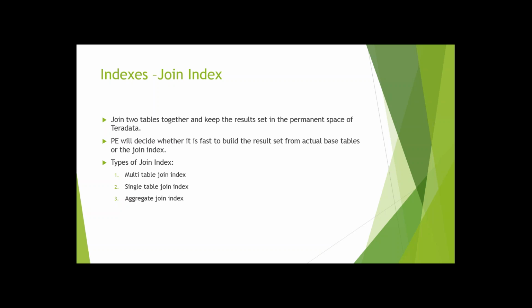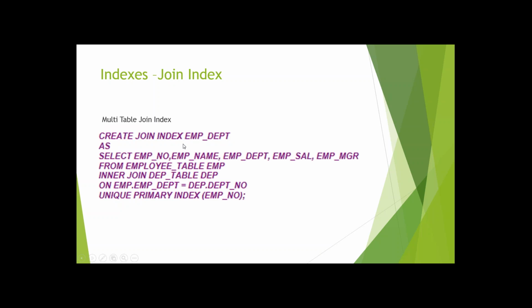What is multi-table join index? So this is the syntax. I'm going to create join index, the join index name as select all these column names from employee table. This is the first table. Inner join department table. We're going to join this on employee's department and department table's department number.